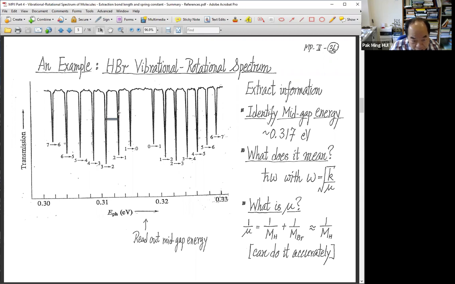The second thing to do is to try to read out the spacing. So what is this? And then what is that? And what is that? Okay. Typically, one may read out the separation between 4 or 5 peaks, or spikes, and then you divide it. So that will be an average separation.